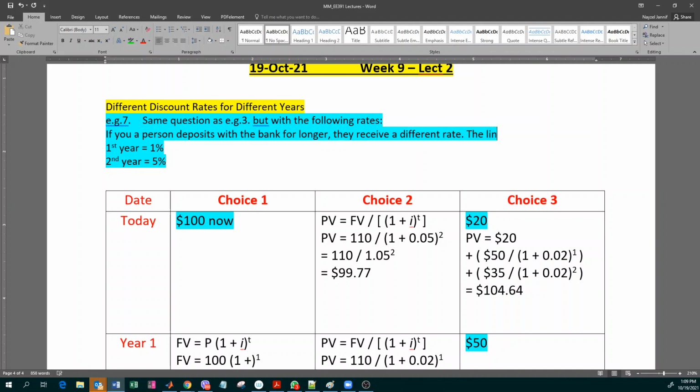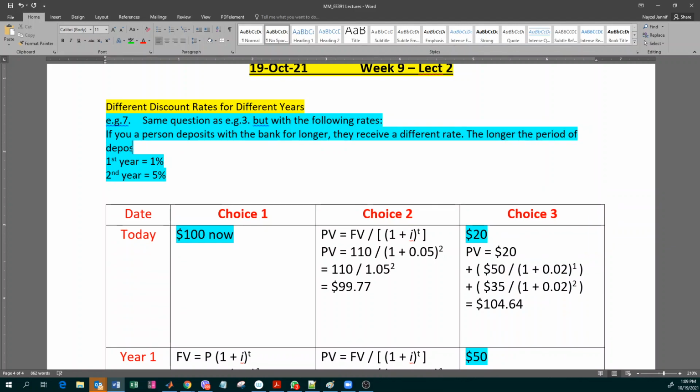The longer the period of deposit, the higher the return. That's just like how our term deposit systems work with our bank.